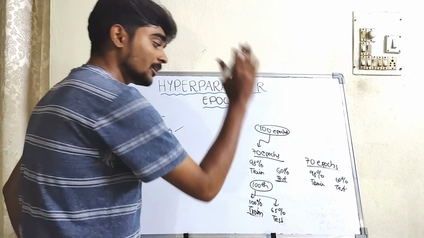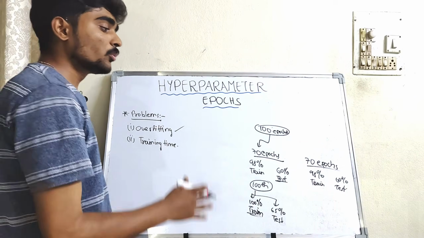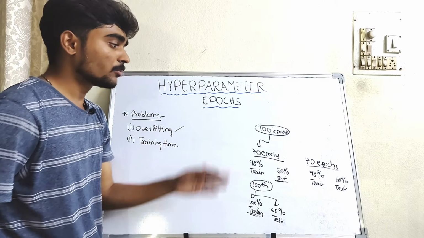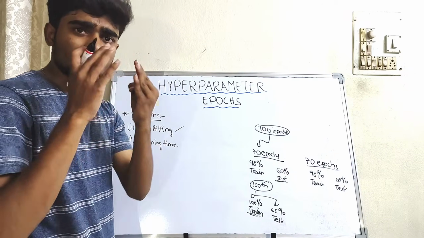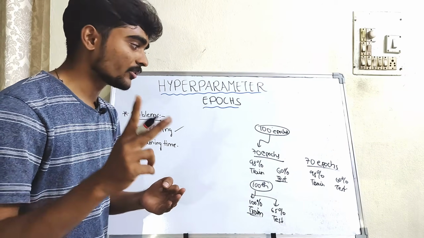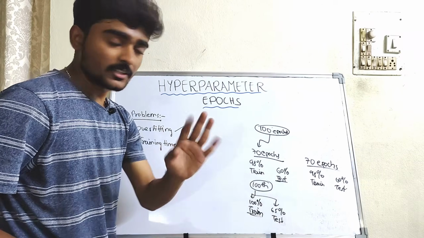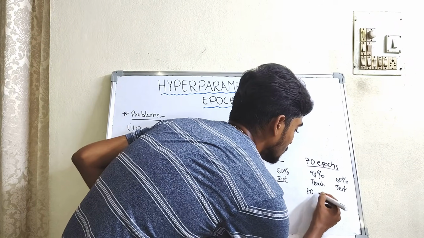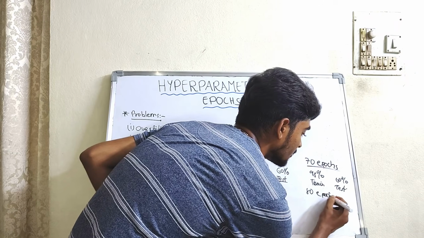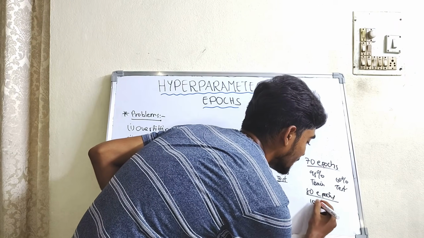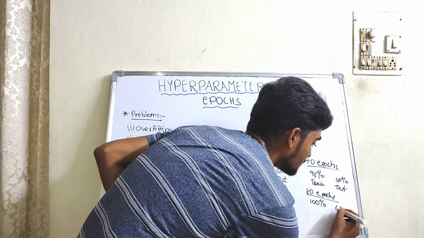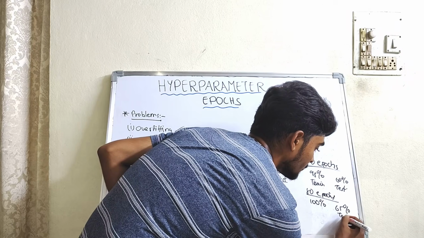Now, to get 100% training accuracy, do I actually require 30 more epochs? Do I need 30 epochs for 2% training accuracy? No, right? Around 80 epochs, I may get 100% training accuracy and around 65% test accuracy.